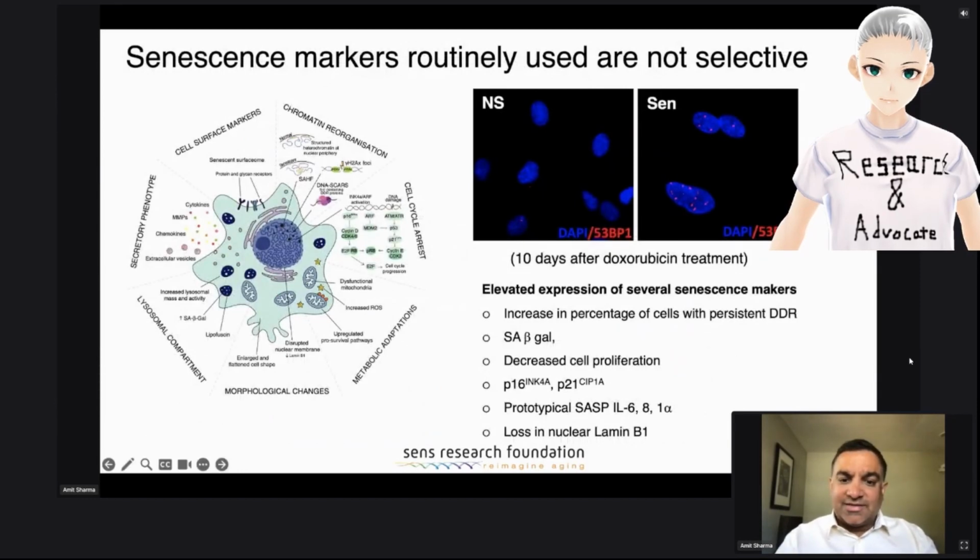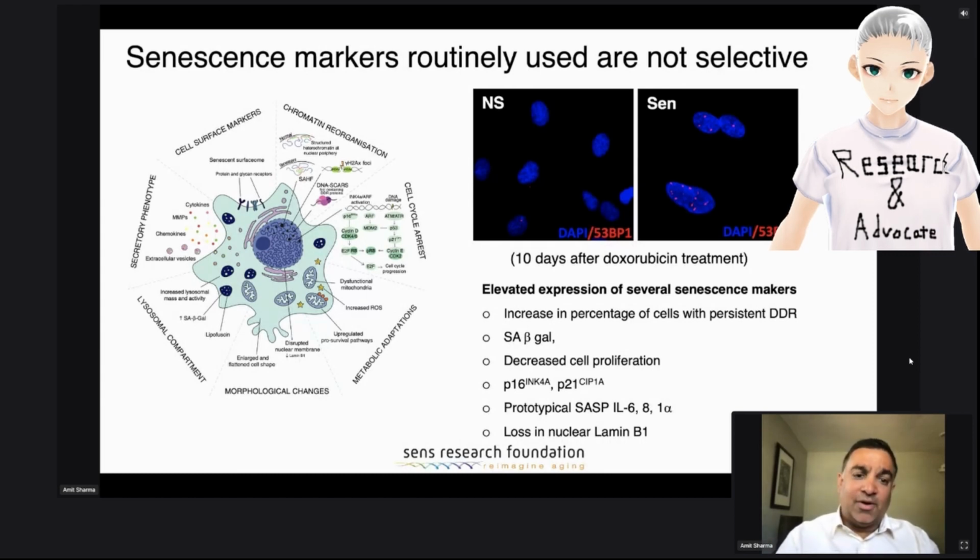Although there are several ways we can mark senescent cells in vitro and also in vivo, none of these markers, persistent DNA damage foci, lysosomal beta-galactosidase, loss of proliferation, cell cycle checkpoint marks, SASP, nuclear mRNA disruption, are really specific to senescent cells. And in many cases, in vivo, it becomes a bigger problem because there are other cells in our body that can show these markers.